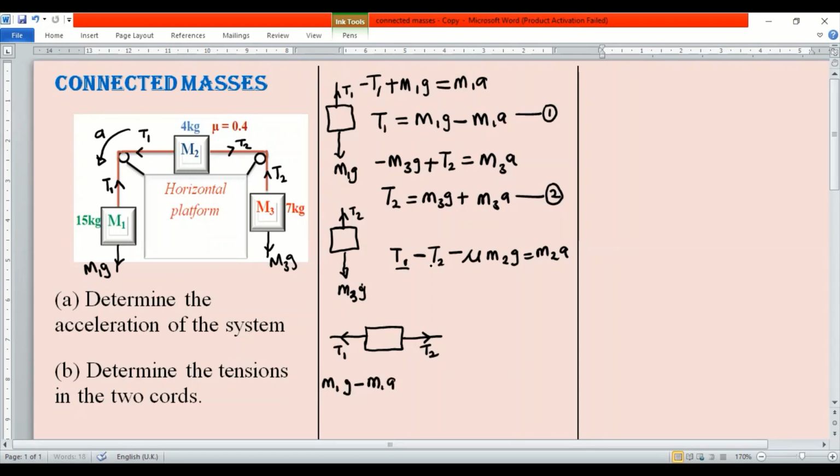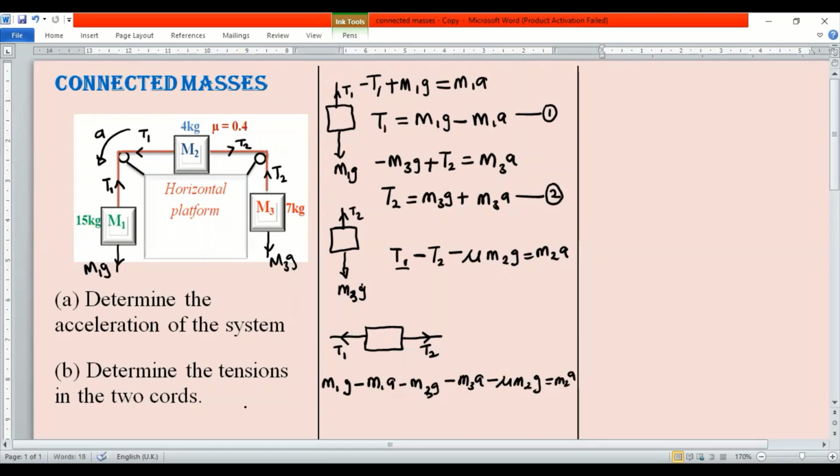For T2, I want to write M3G plus M3A. Here now, minus mu M2G equals M2A.